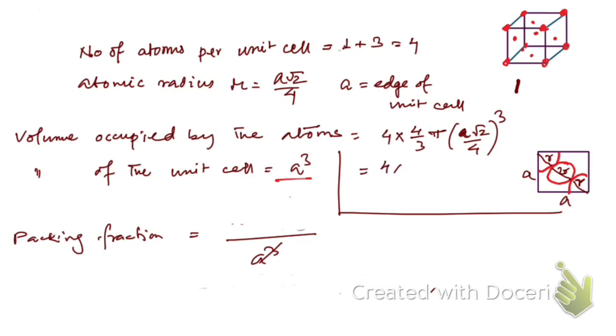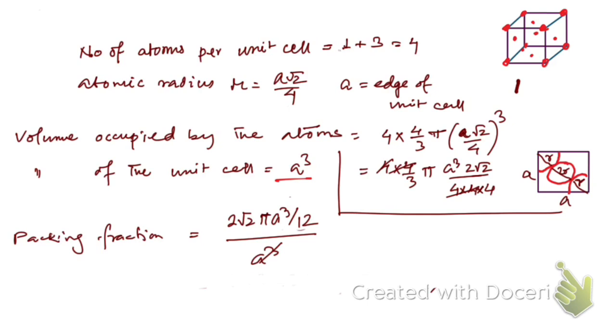So 4 into 4 by 3 pi, here it will be a cube, then root 2 cube is 2 root 2, by 4 cube is 4 into 4 into 4, 2 4s will be cancelled, right? So that's what we have got. So what we have got now is volume 2 root 2 pi a cube by 3. Okay, so 2 4s cancelled, 3 4s are 12, that's what we have got.